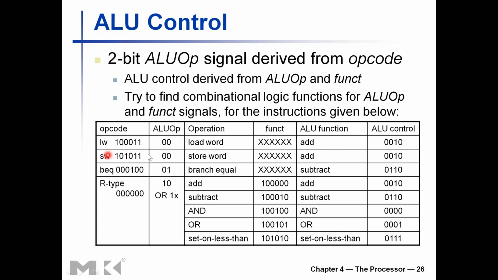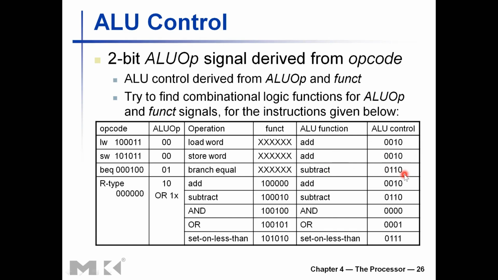Store word should also perform addition, again a memory access, addition of the immediate offset to the base address value, so the ALU control value is the same. For branch if equal, the ALU function should be subtracting one operand from the other to check the condition. If they're equal, you get the 0 result. So you perform a subtract operation, and the ALU control signal for that is 0110.